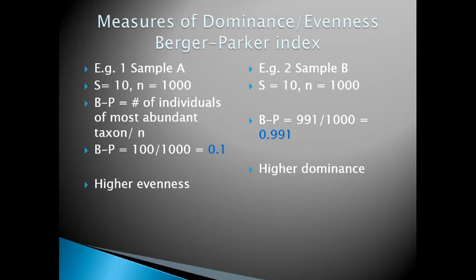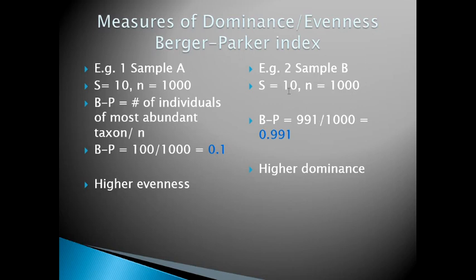There's multiple indexes for this. The Berger-Parker is the simplest one to use, and it is the number of individuals of the most abundant taxon divided by the total number of individuals. So for the first case, every one of these has an abundance of 100. So you would say the Berger-Parker index equals 100 divided by 1,000 equals 0.1.